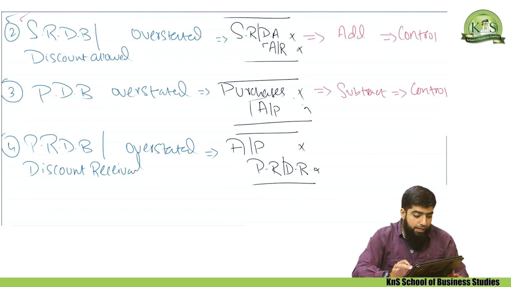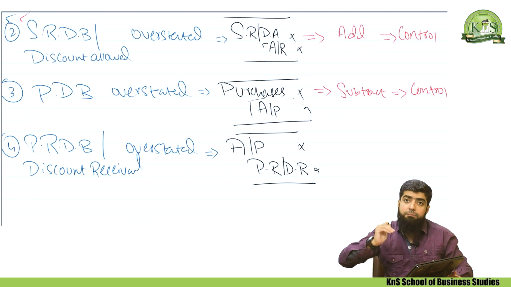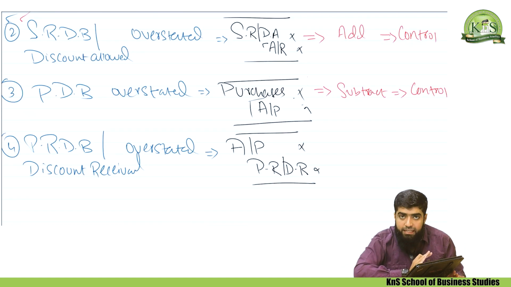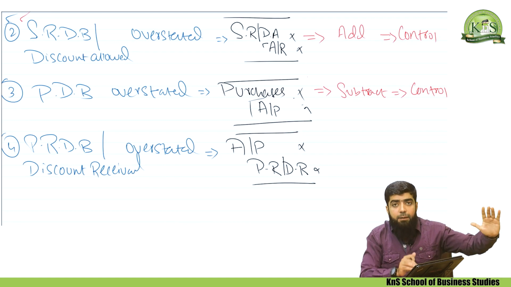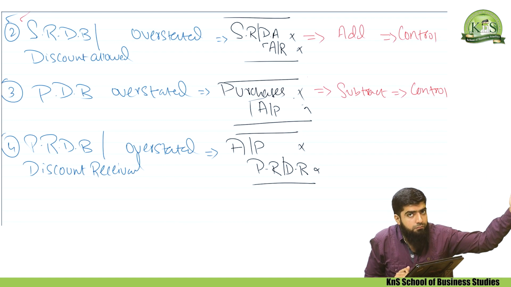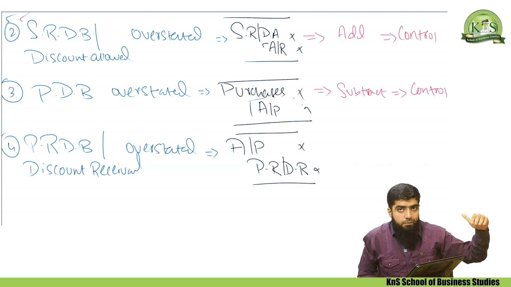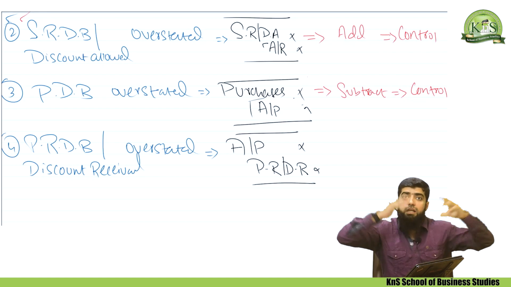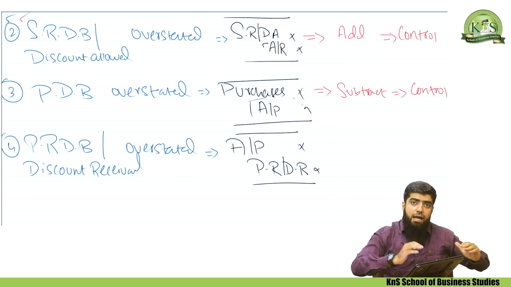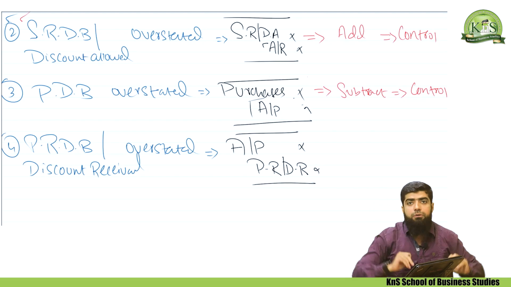Okay. Now if that particular accounting entry is overstated, which means you have debited the payable with the higher amount, and accounts payable debit means you have reduced the amount of liability. So you have reduced the liability with the overvalued amount.